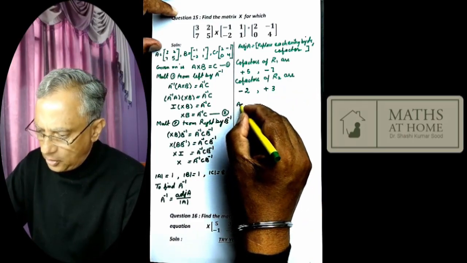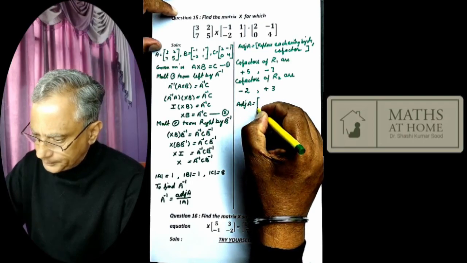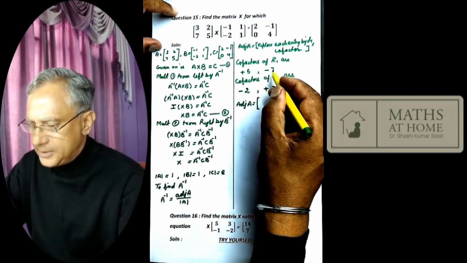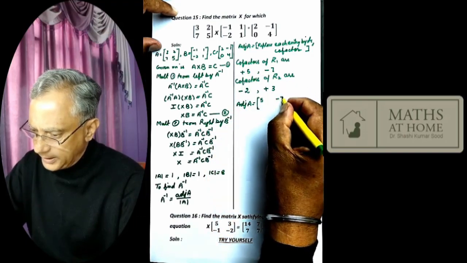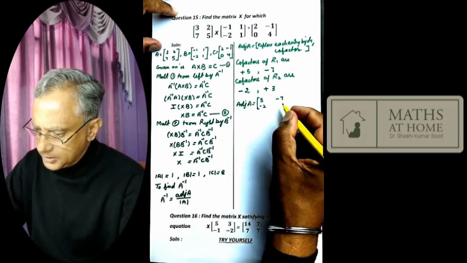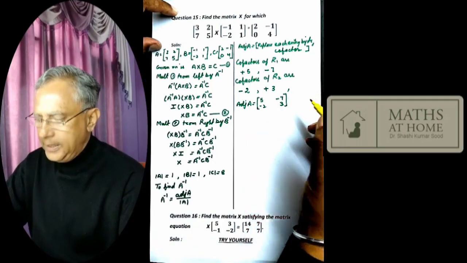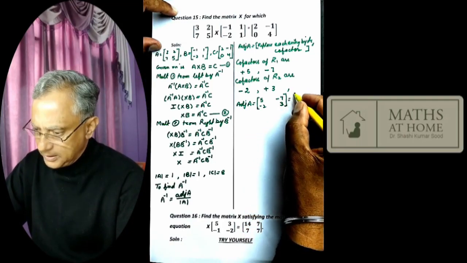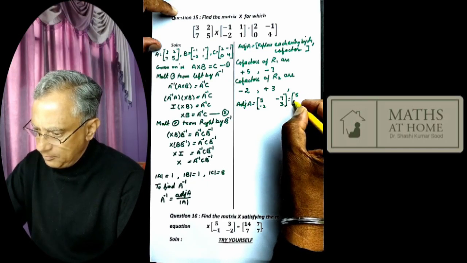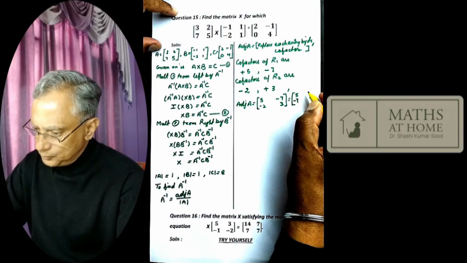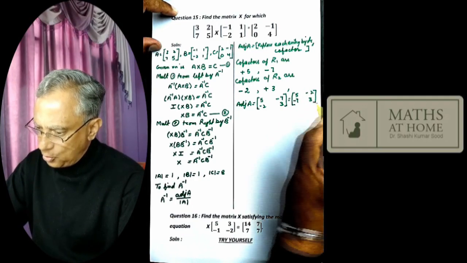So adjoint of A will be equal to, now replace each entry by its cofactor. Replace entry at this place with its cofactor. This -2 3, and take the transpose. So this is equal to 5 minus 7 and -2 3. Interchange the rows and columns.